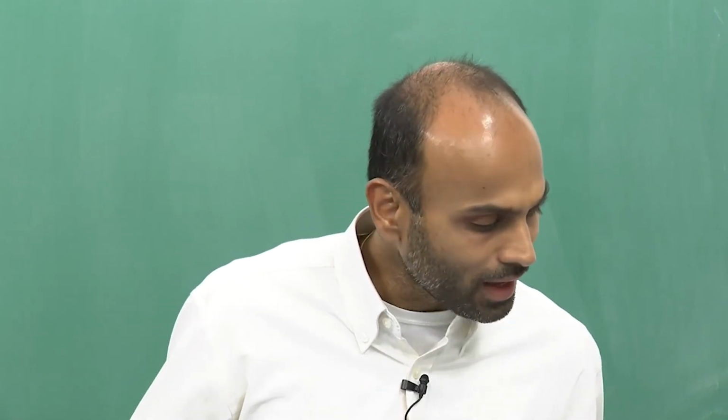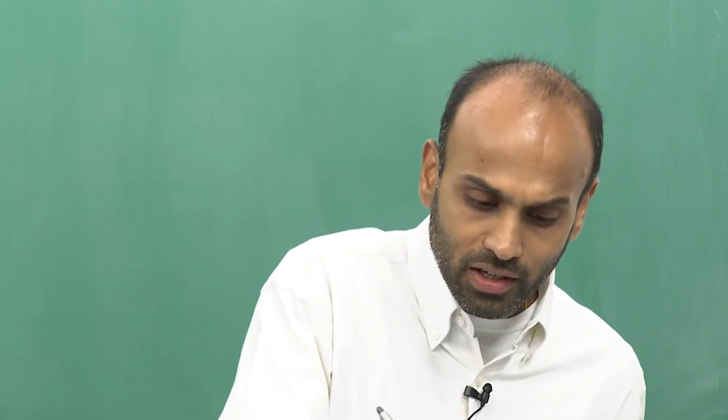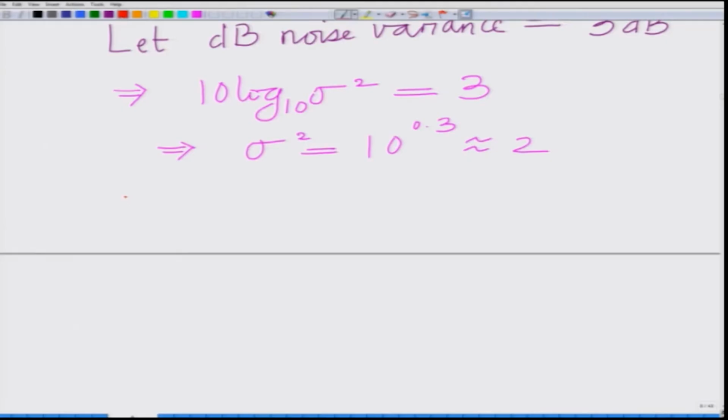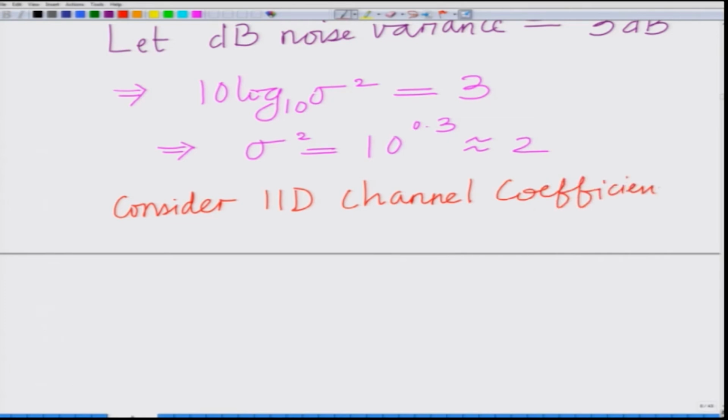Okay. And also we are considering IID channel coefficients, not necessarily Gaussian. That is, if you consider IID channel coefficients, the covariance matrix will be proportional to identity.